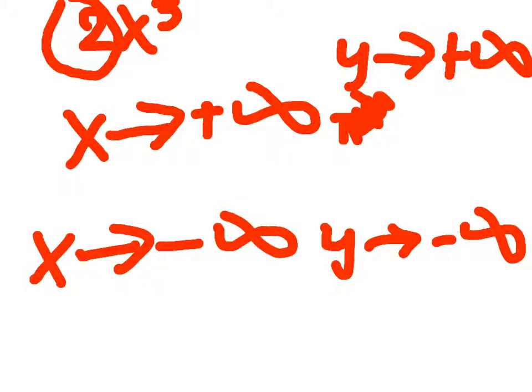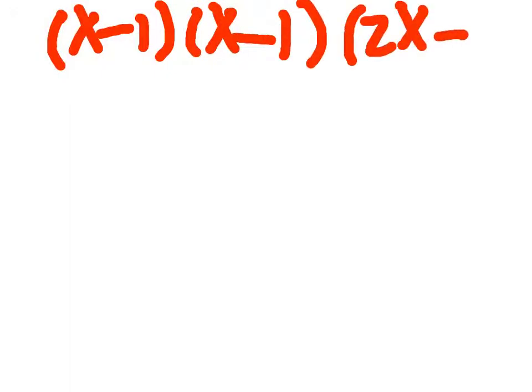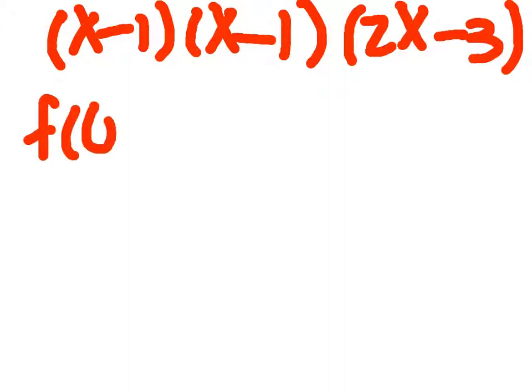Now, in order to figure out the y-intercept, you write out the factors: x minus 1, x minus 1, and 2x minus 3. To find the y-intercept, you set all of the x's equal to 0, because the y-intercept is where x equals 0.